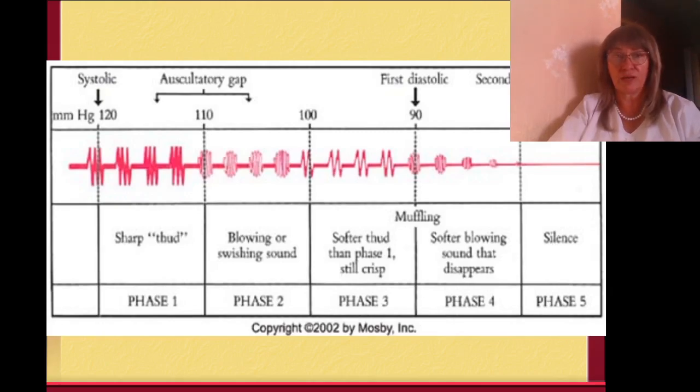A very interesting picture from systolic arterial pressure: 120 for systolic, and second, diastolic 80 millimeters.